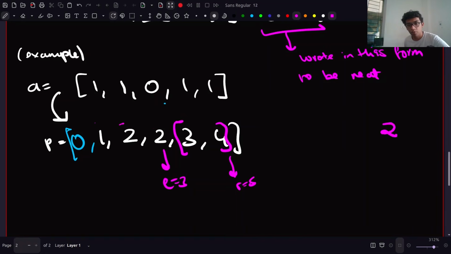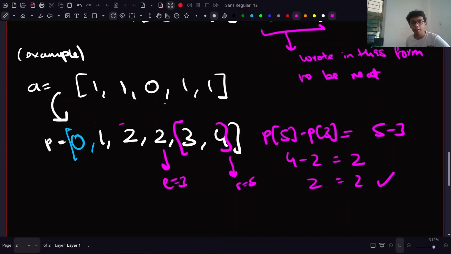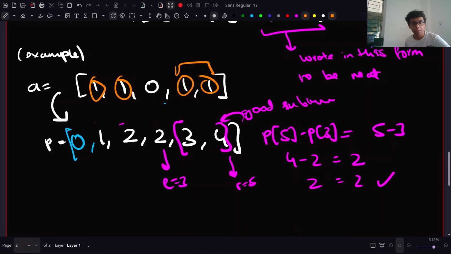That's equal to 2, 5 minus 3, and this is equal to prefix of 5 minus prefix of 3, which is 4 minus 2 equals 2. 2 equals 2, so this is a good subarray. In total, all the good subarrays are this, as well as this and this. That's why the answer to this test case is 6.